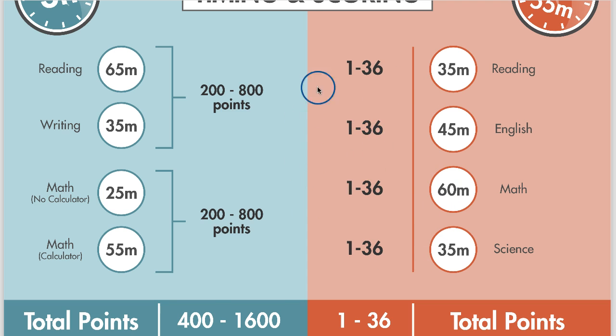After they score all of the 4 sections, they average these results to get the total point score, which is another score between 1 and 36. 36 is the same as a 1600. These 2 scores represent the best possible score that you could get on the SAT and ACT.